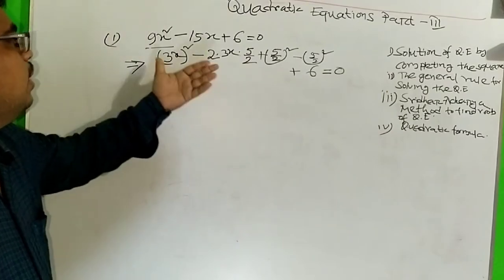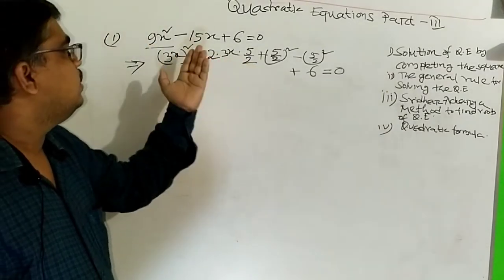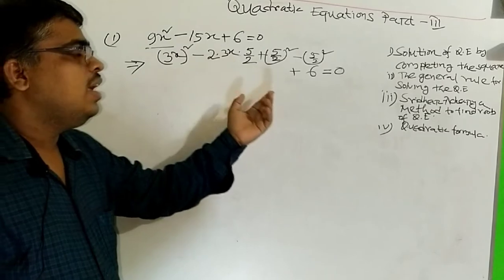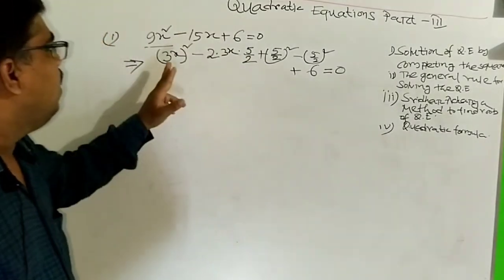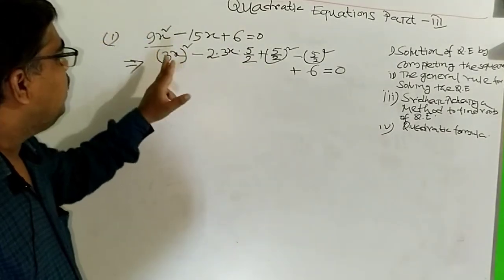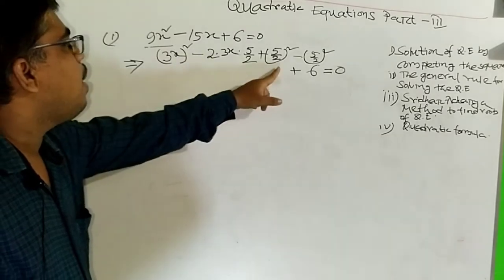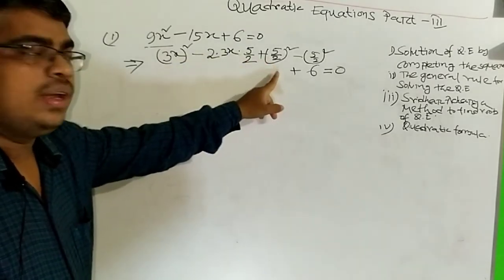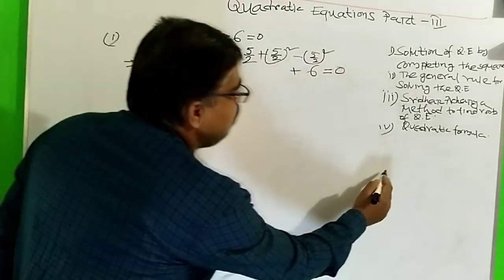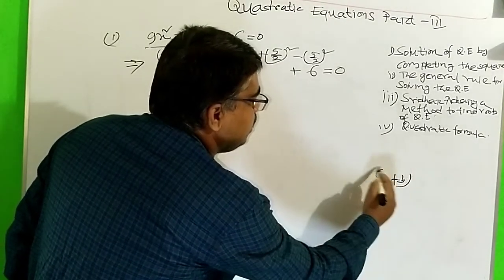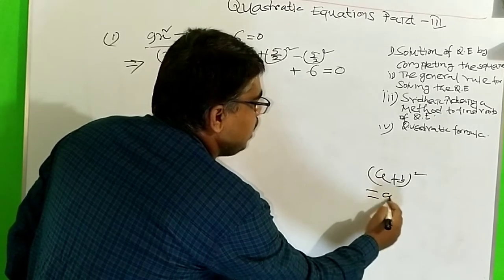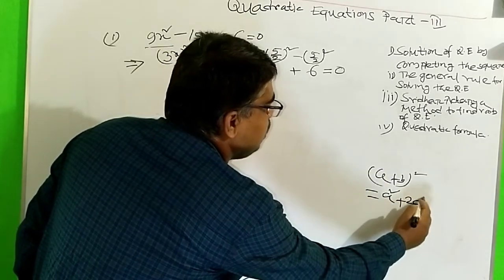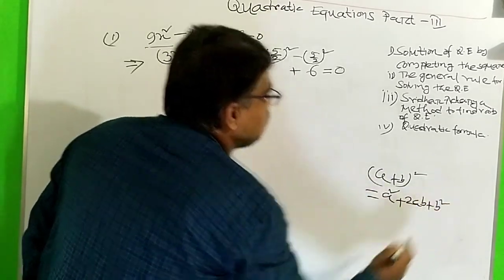Why do we write the expression in this form? It is very interesting that it becomes the formula of a plus b whole square. We know that the formula of a plus b whole square is equal to a square plus 2ab plus b square.